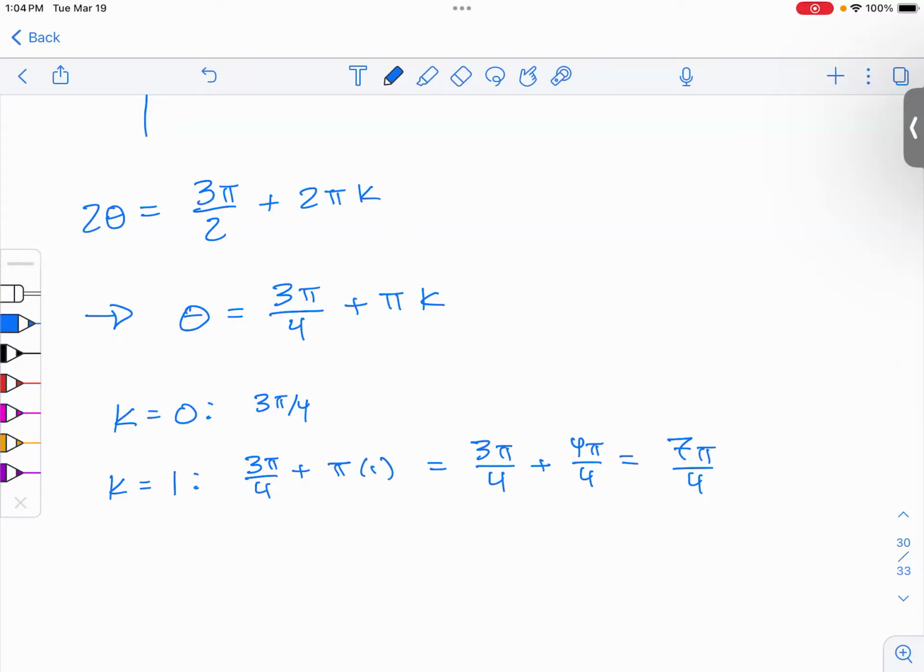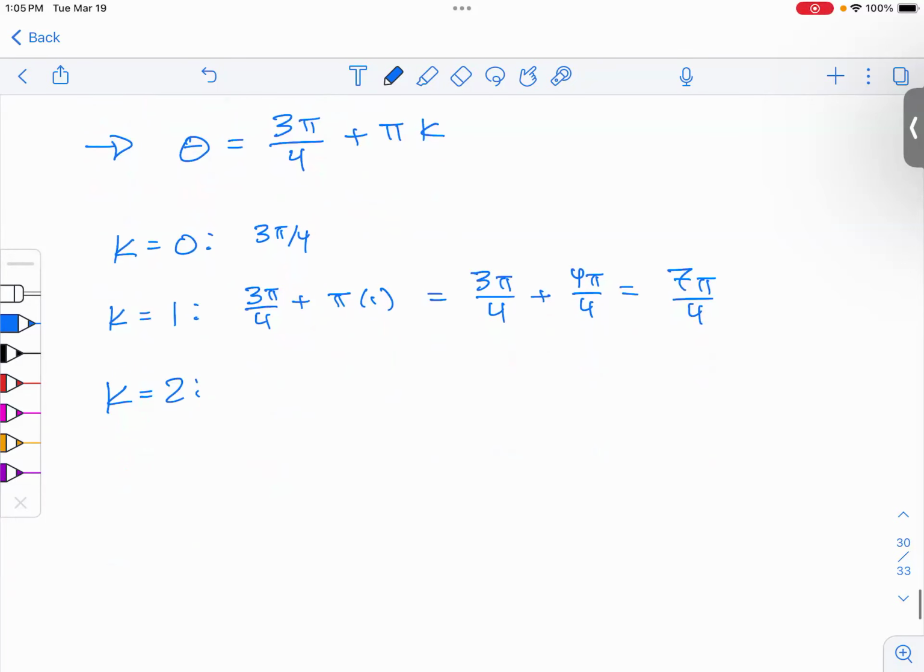You can always keep testing the values, go to the negatives, go to the positives, make sure you get them all. But as soon as you realize that's your limit, you can stop. So theta equals the solution set 3 pi over 4 and 7 pi over 4.